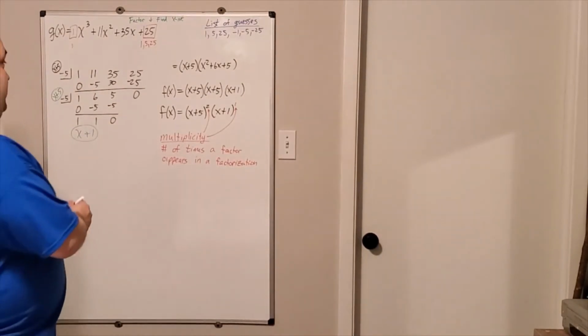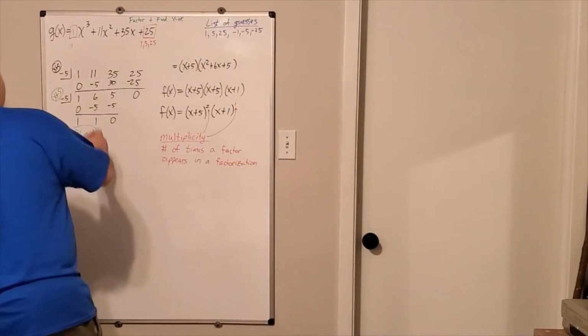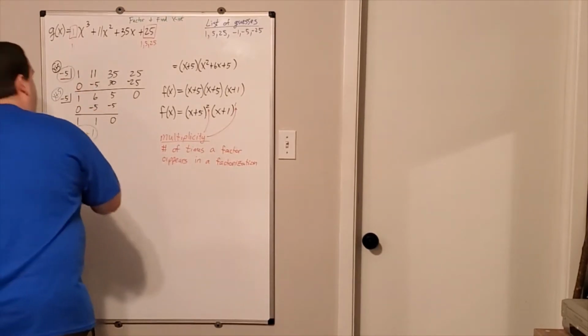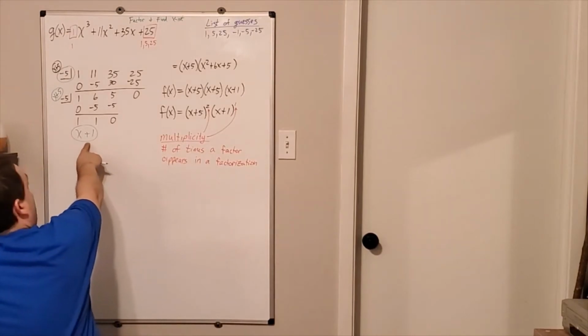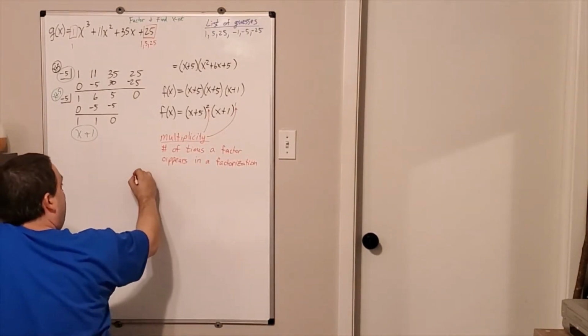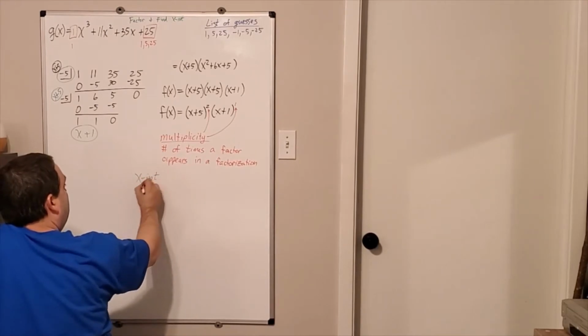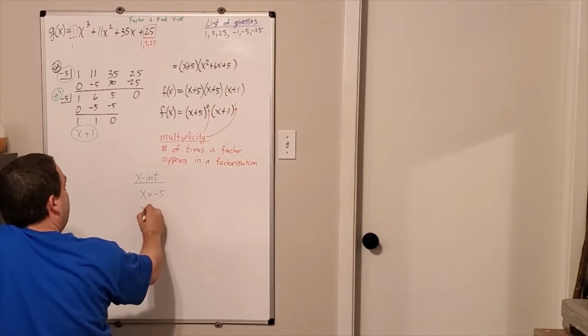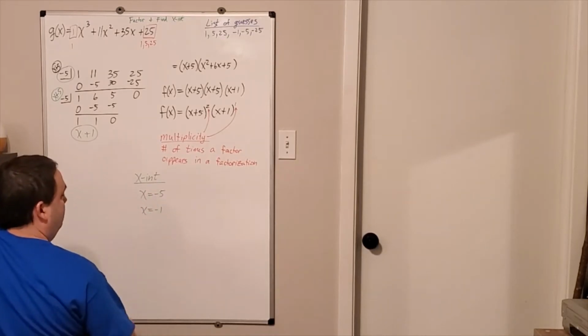Now, we're almost done, right? What are the x-intercepts here? Well, they're in the box, right? -5 is an x-intercept. And then I also have to look at the x plus 1 here. What intercept would make that 0? My x-intercepts in this case are x equals -5 and x equals -1. Okay?